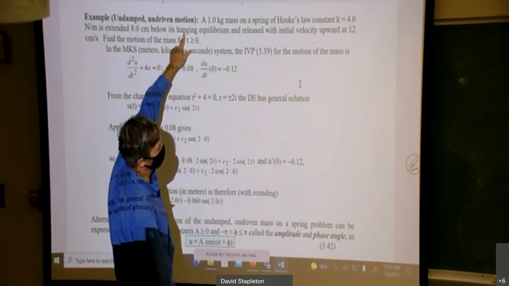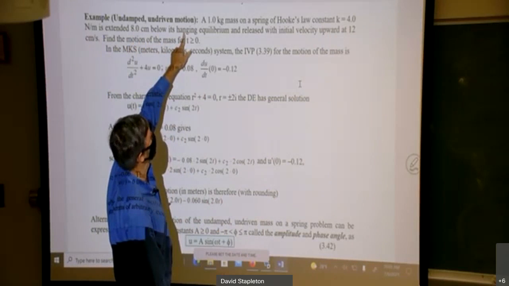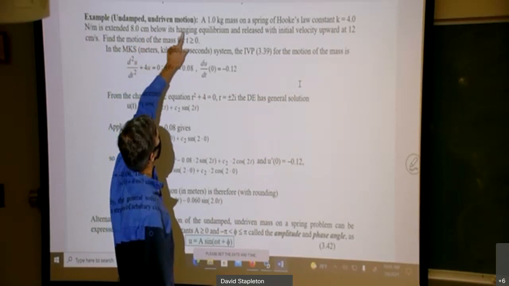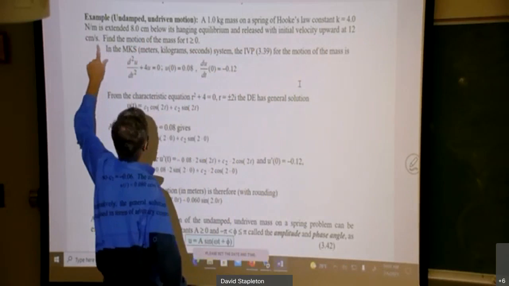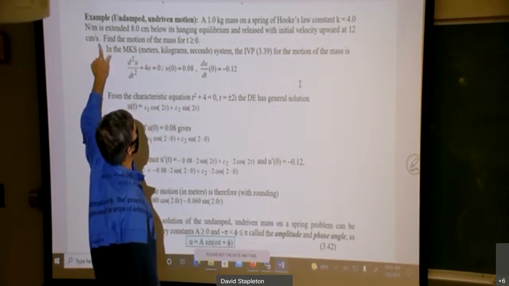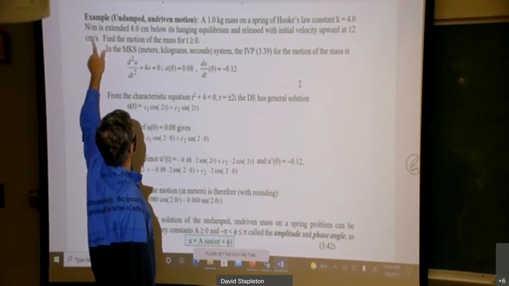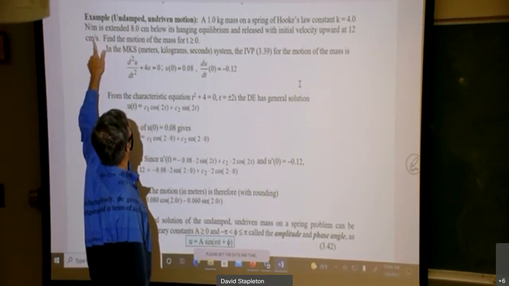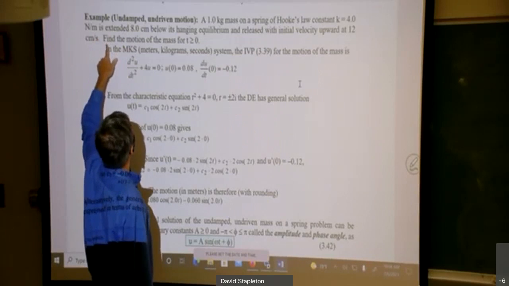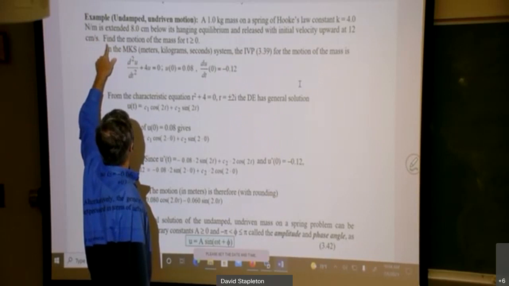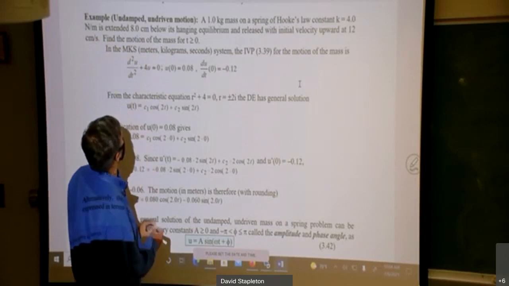So u is not 8, but 0.08, since you're doing things in meters, right? So you have to convert this. With an initial velocity upward at 12 centimeters per second, so 0.12 meters per second. Given this initial position and initial velocity, I can find the motion for all time, the theoretical motion. So the motion of the mass for t greater than or equal to 0 is desired.